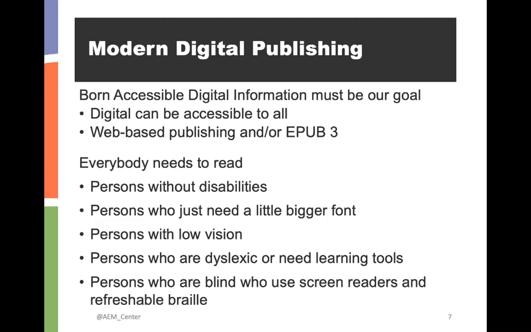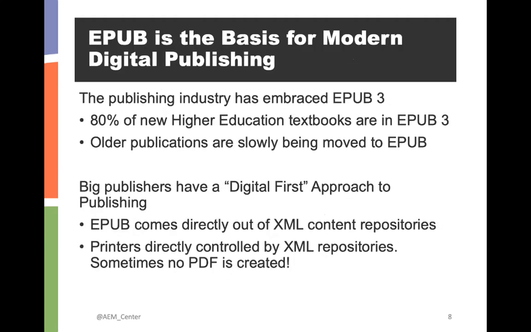Okay, so the next slide. So the basis for modern digital publishing is the EPUB standard. And the publishing industry has broadly embraced EPUB 3. 80% of the educational materials in higher education, at least for the first 2 years, are now available in EPUB 3.